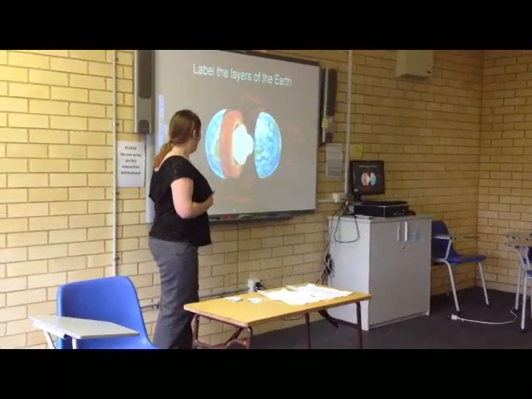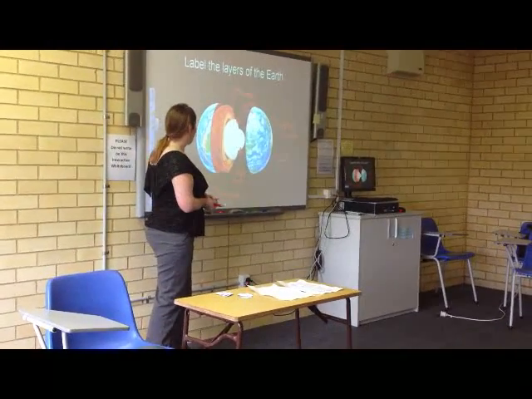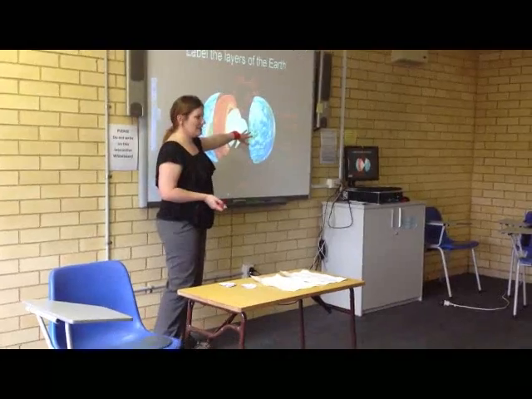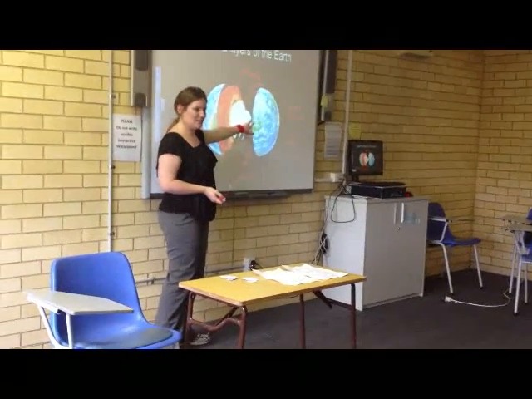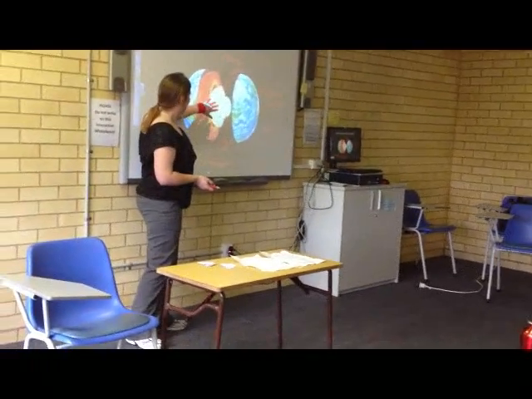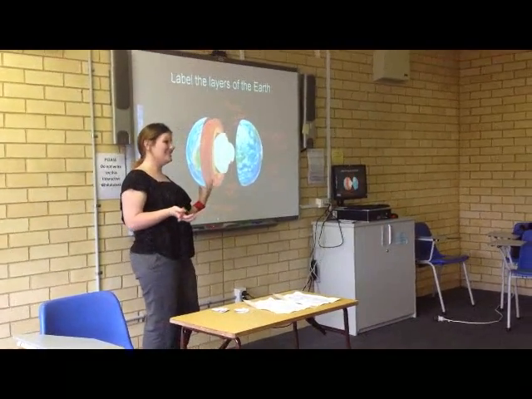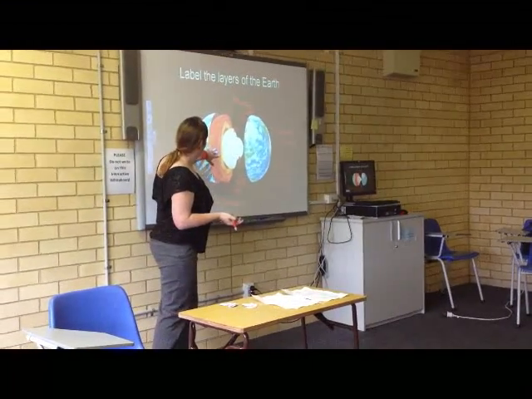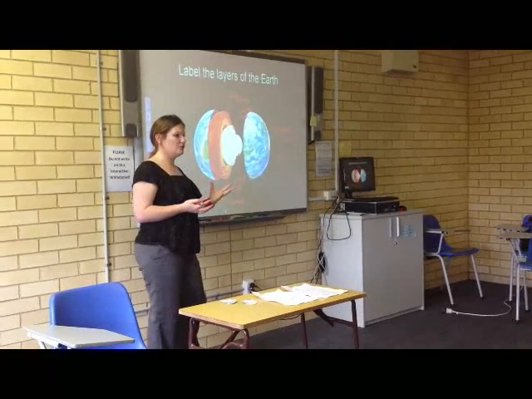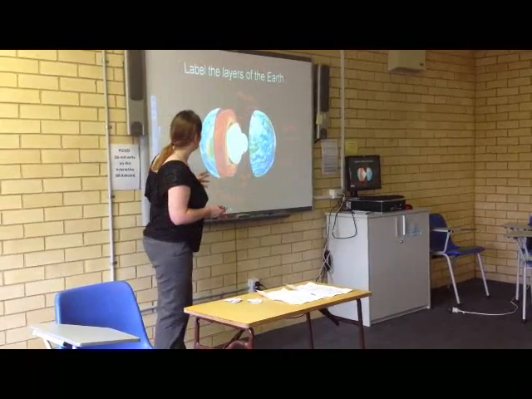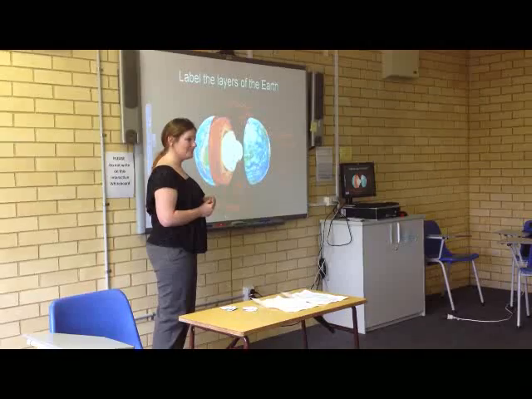Okay, so it's pretty hot in the middle, so that one gets about 7,000 degrees. In the outer core, it gets about 4,000 to 6,000, and in the mantle, it's about 500 degrees to about 2,000 degrees. Is the middle really hard?